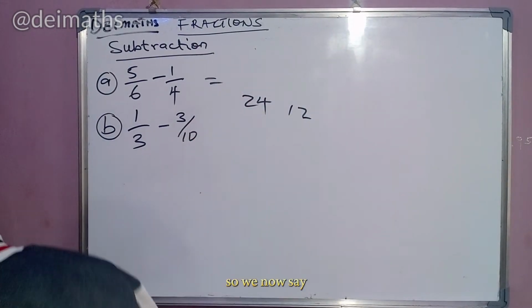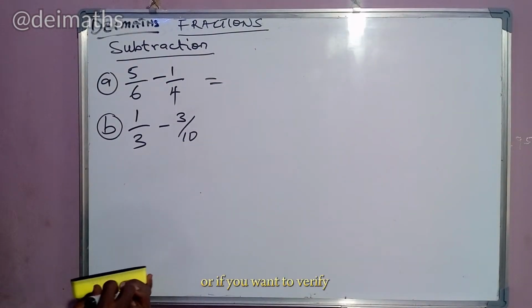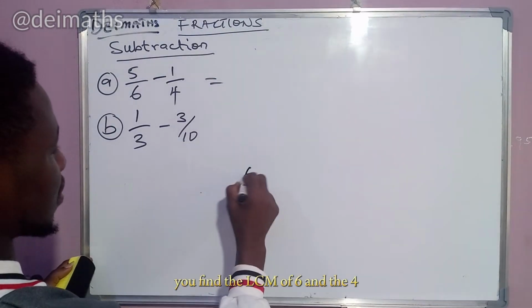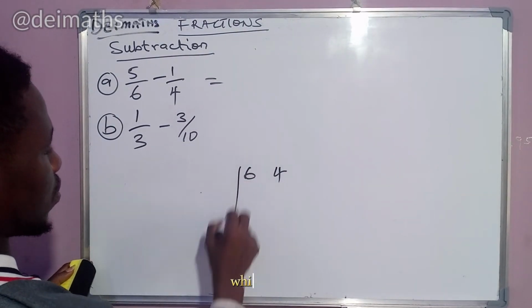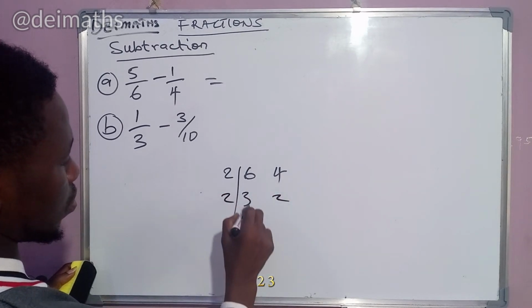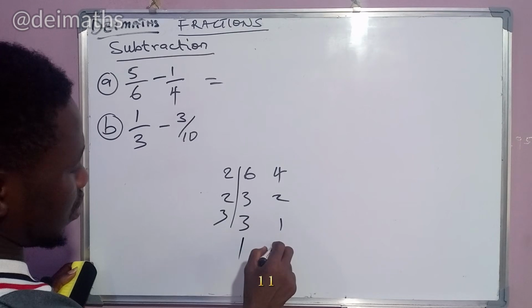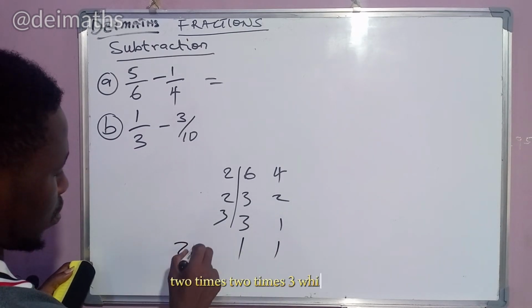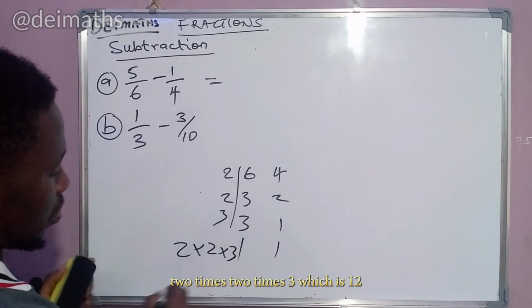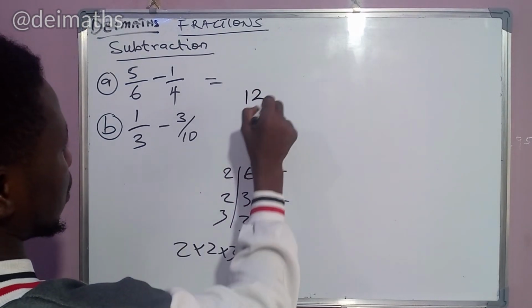So we now say, or if you want to verify what I'm saying, you find the LCM of 6 and the 4, which is 2, 3, 2, 2, 3, 1, 3, 1, 1. 2 times 2 times 3, which is 12. So we have 12 here.